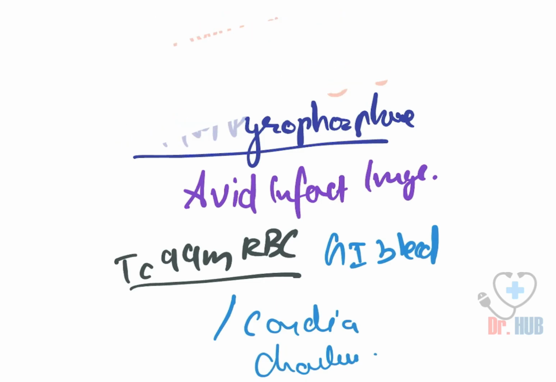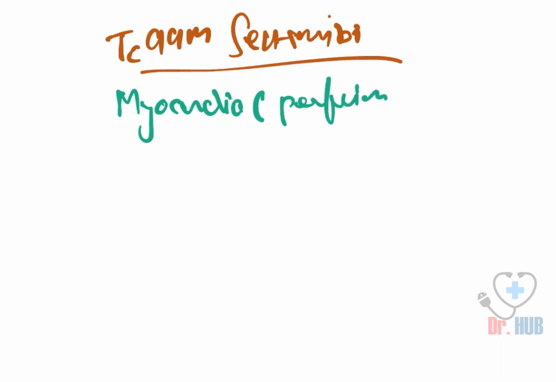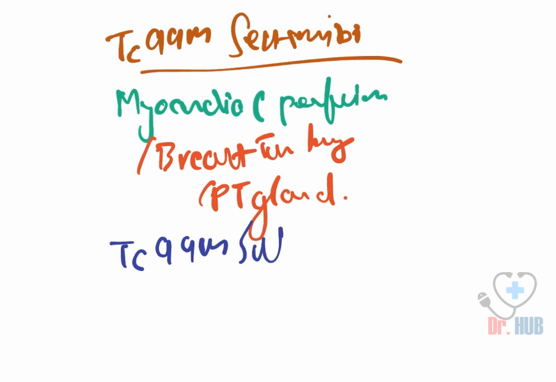Then we look at the TC99M sestamibi. TC99M sestamibi is used in myocardial perfusion imaging, and it is also used in breast tumor imaging and the parathyroid gland. Then we look at the TC99M sulfur colloid.